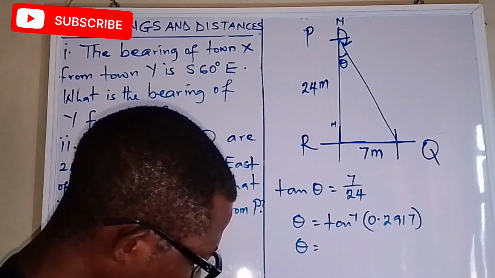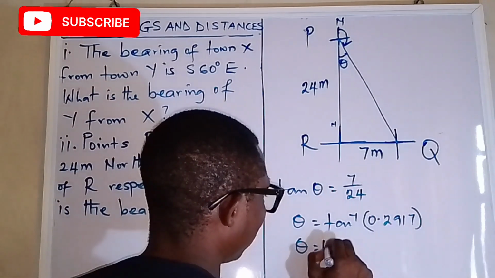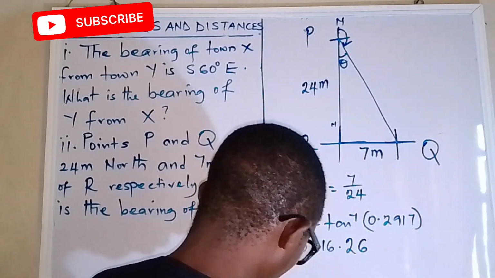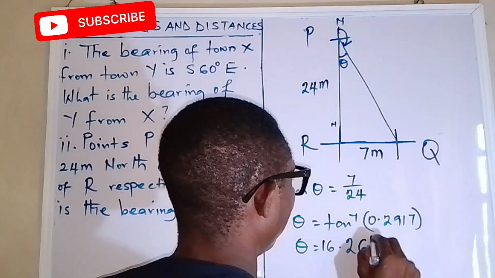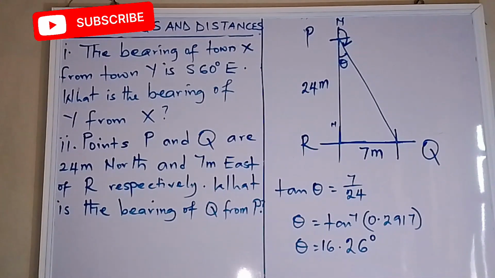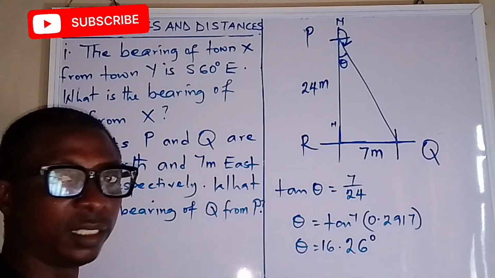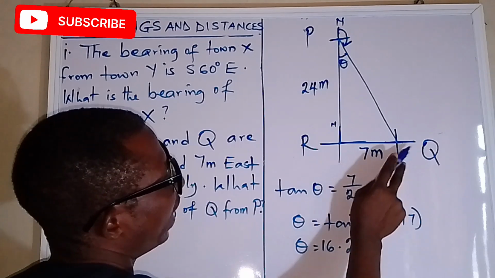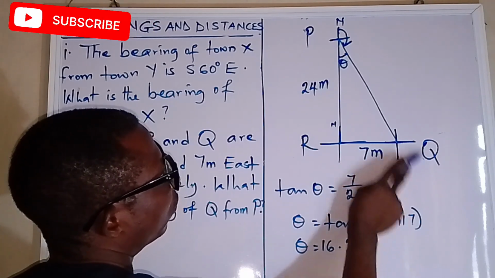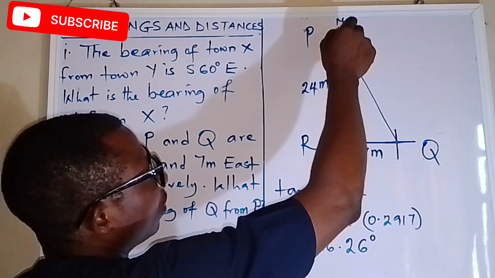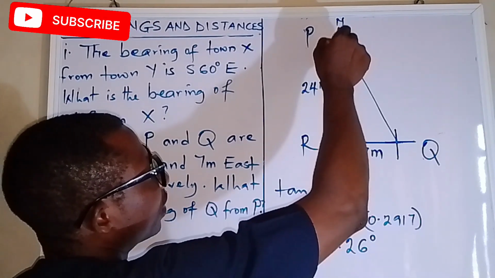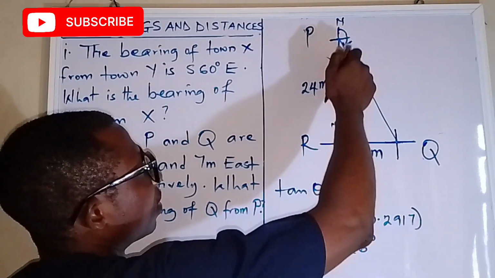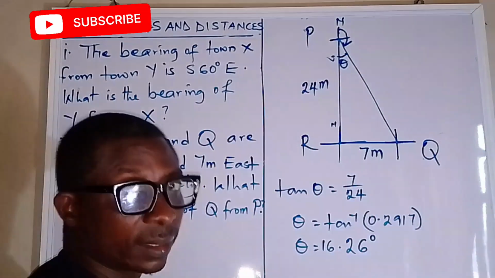That gives you 16.26 degrees. Now what we want to get is the bearing of Q from P. So we start from the north pole down to this place. We know from the north pole to the south pole of P is 180. So we just subtract this from 180.